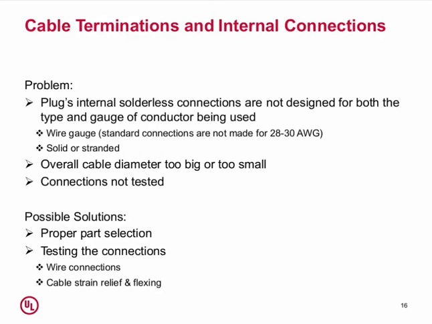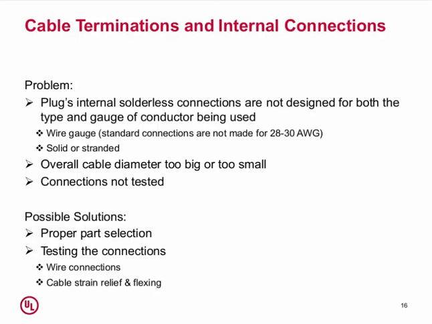Another problem that we're seeing probably more often now than we have in the past is the cable terminations and the internal connections. The plug's internal solderless connections are often not designed for the wide range of wire gauges that we're seeing today. People purchase plugs or modular plugs and sometimes don't think about the gauge that's going to be involved with the wiring.